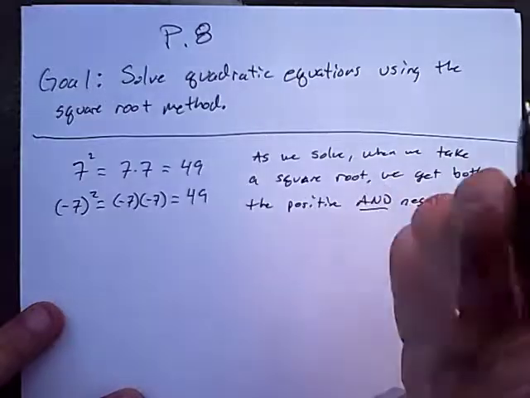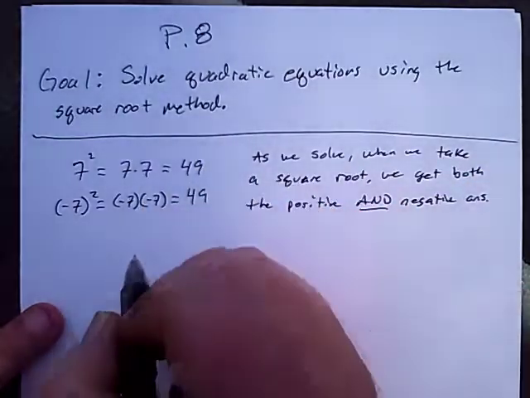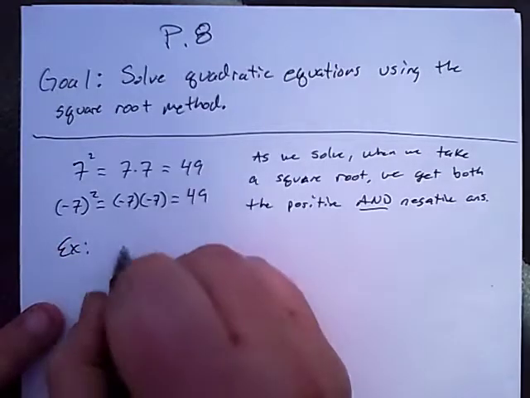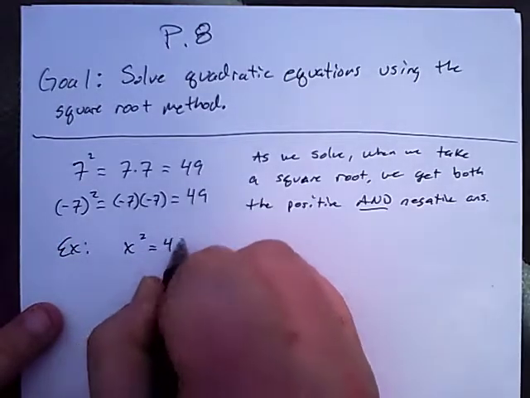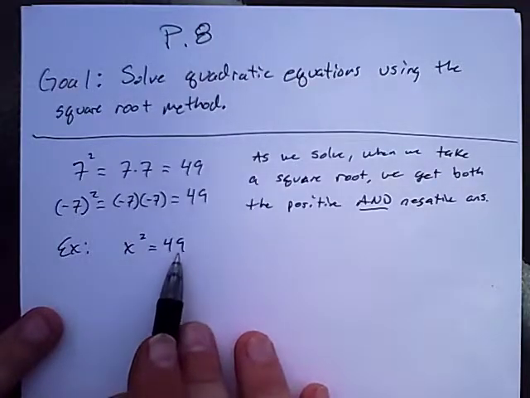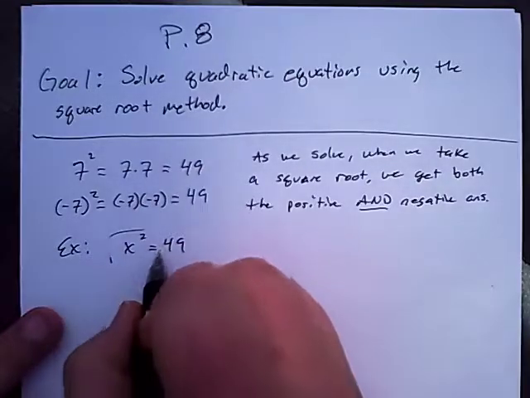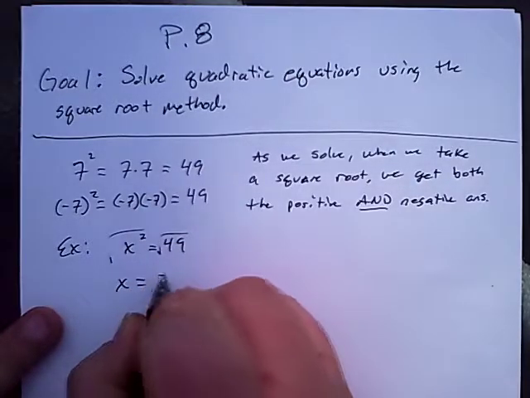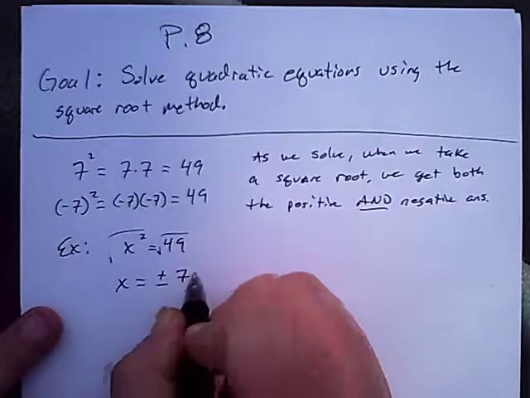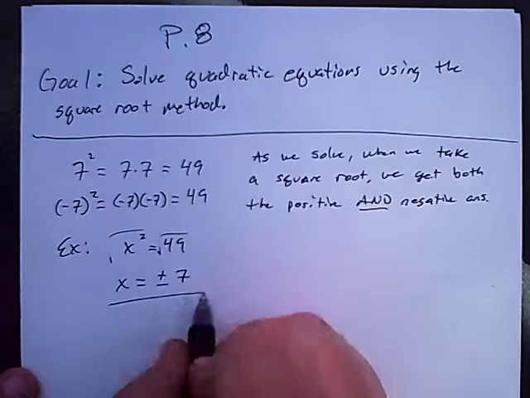What I mean by that is, if we had an example where we had x squared equals 49, something times itself twice is going to be 49. We already know what that answer is going to be. So we'd square root both sides, and we get x equals plus and minus 7, both the positive and the negative version of 7.